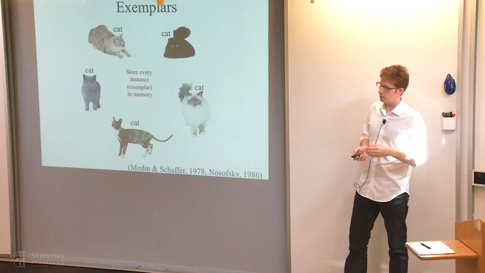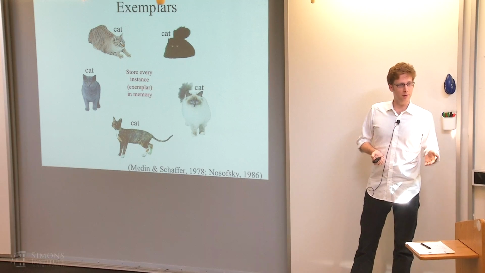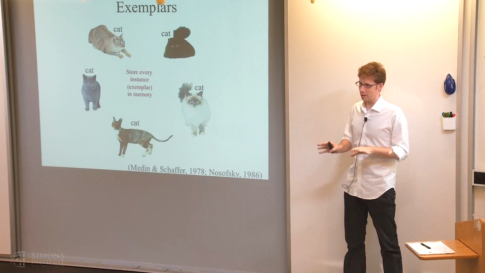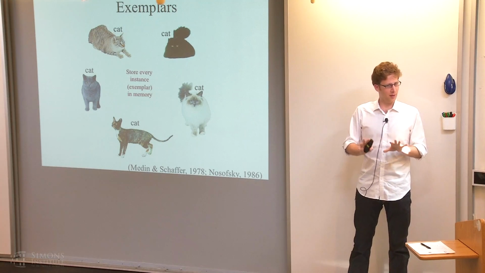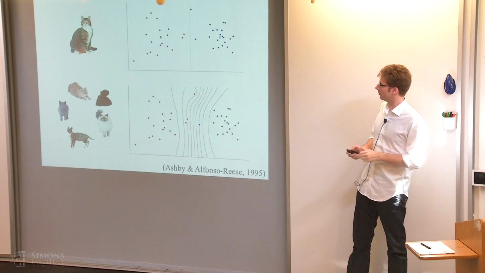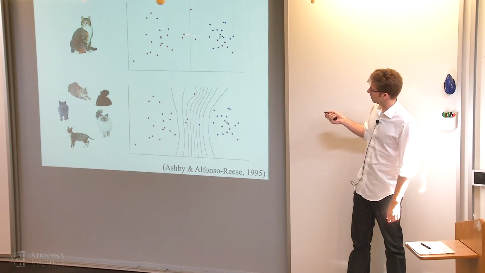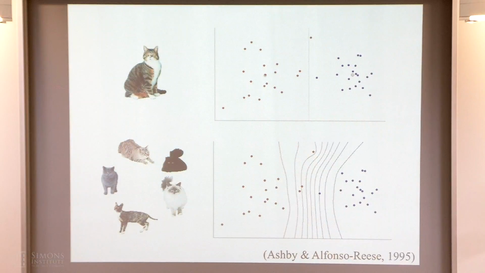Yeah, so if you fix a representation, then they make different predictions. And I can be more precise about that. If you're a machine learning person sitting in the audience saying, well, hang on, all of this sounds very familiar, there's a reason for that. Your prototype model, where you have a prototype for each category and you measure the distance to the prototype to make your categorization decision, corresponds to a linear decision bound model.